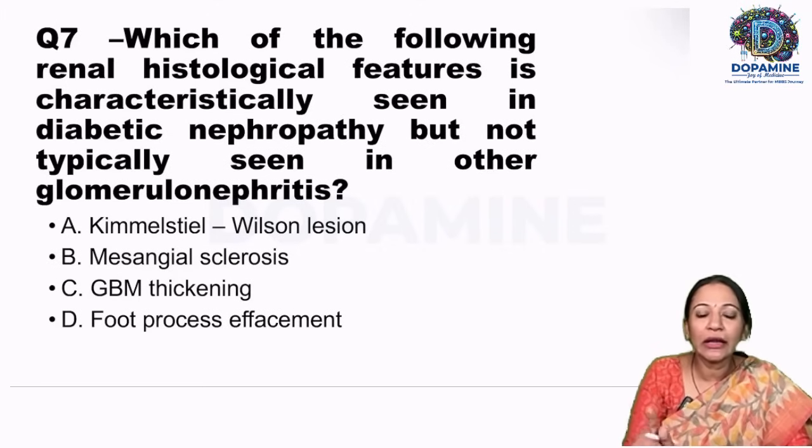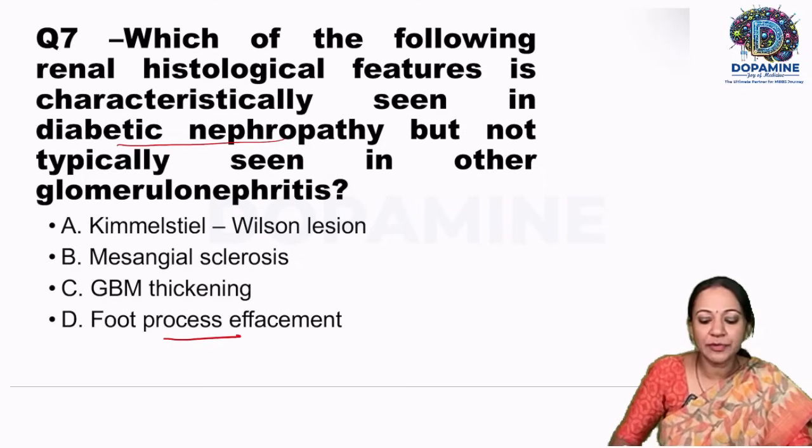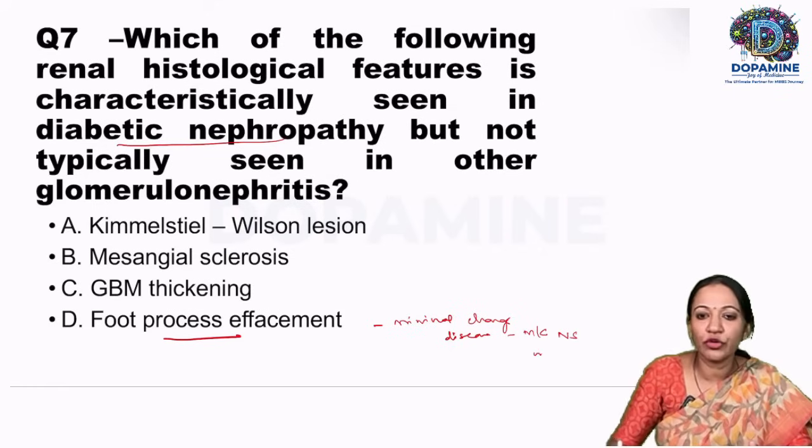Which of the following renal histologic features is characteristically seen in diabetic nephropathy, but not in any other glomerulonephritis? When you look at the choices: Kimmelstiel-Wilson lesion, mesangial sclerosis, glomerular basement membrane thickening, foot process effacement. See, foot process effacement is typically seen in minimal change disease, which is actually the most common cause of nephrotic syndrome in children.